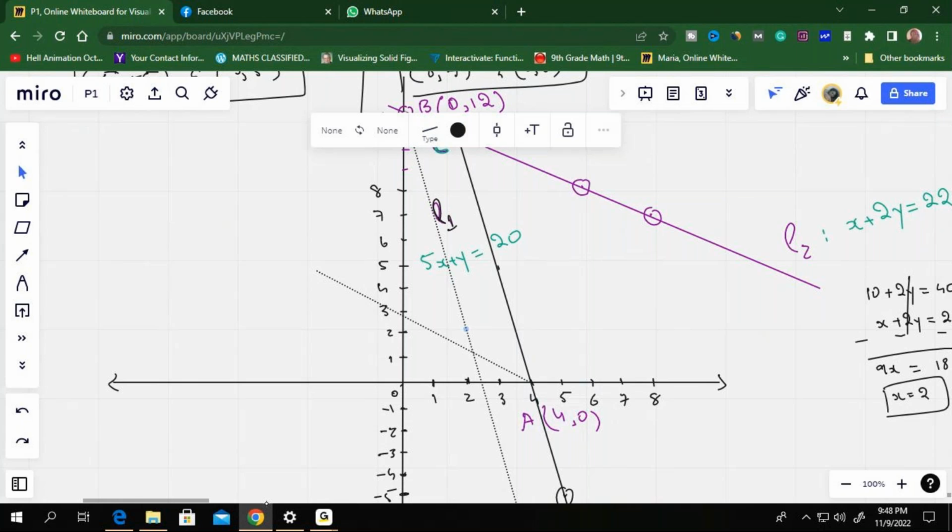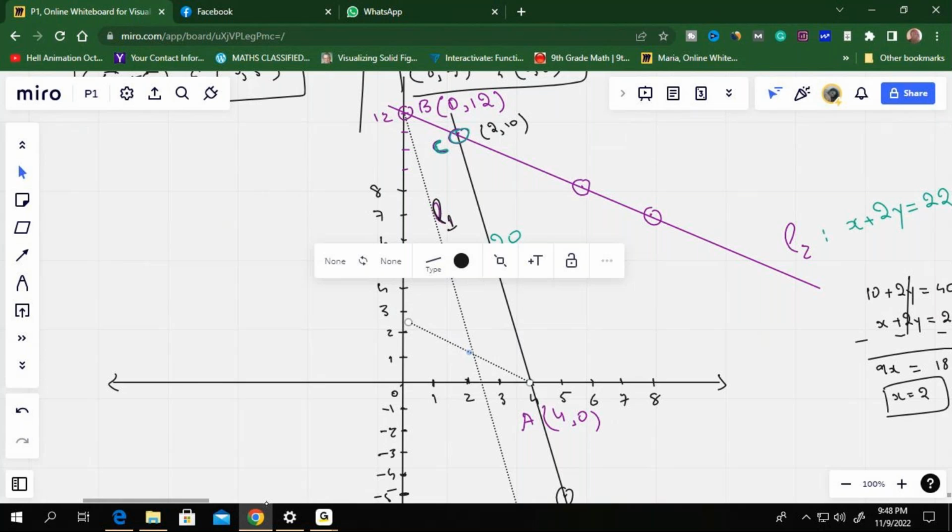You can see that this dotted pink line is parallel to your L2, and the dotted black line is parallel to your L1.